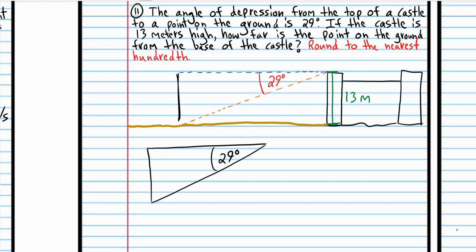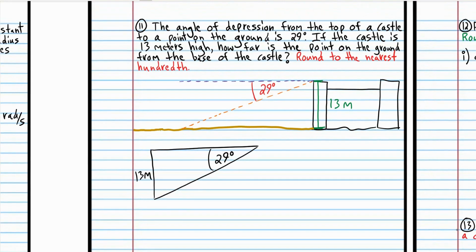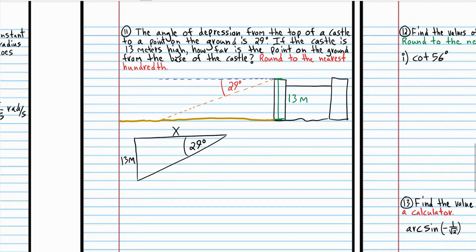Remember, this height over here is the same as this height. So that is 13 meters. And we're looking for this distance down here, which is the same as this distance up here. So we can just say that that is x. So tangent 29 degrees is the side opposite the angle divided by the side adjacent.